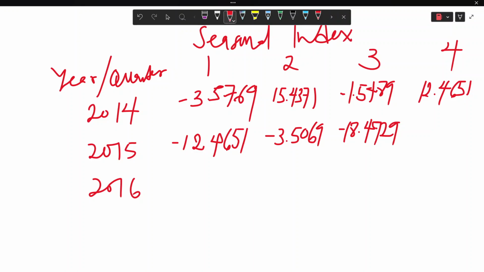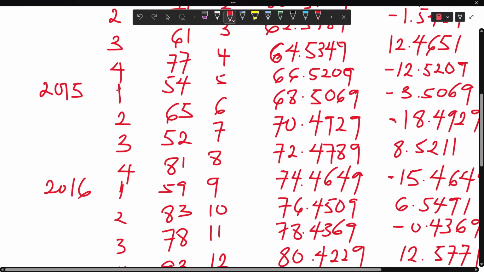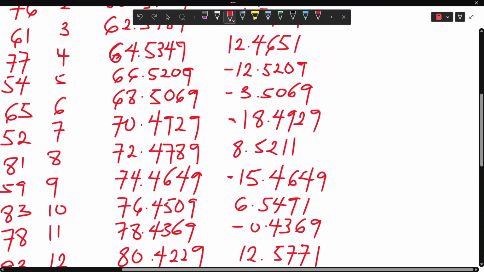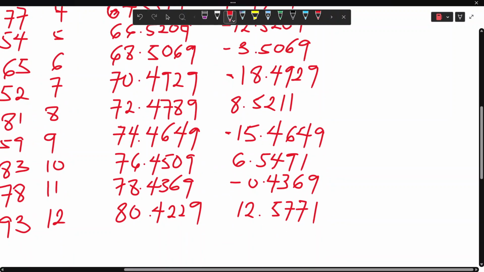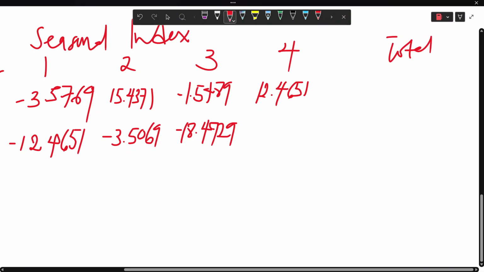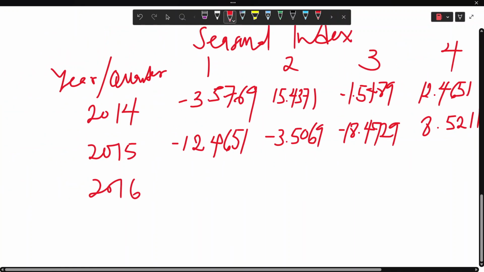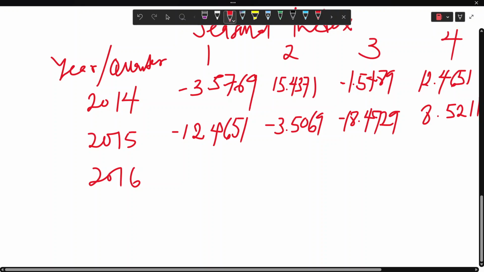Then for the last quarter in 2015, 8.5211. Then let's come to last year, that was year 2016.